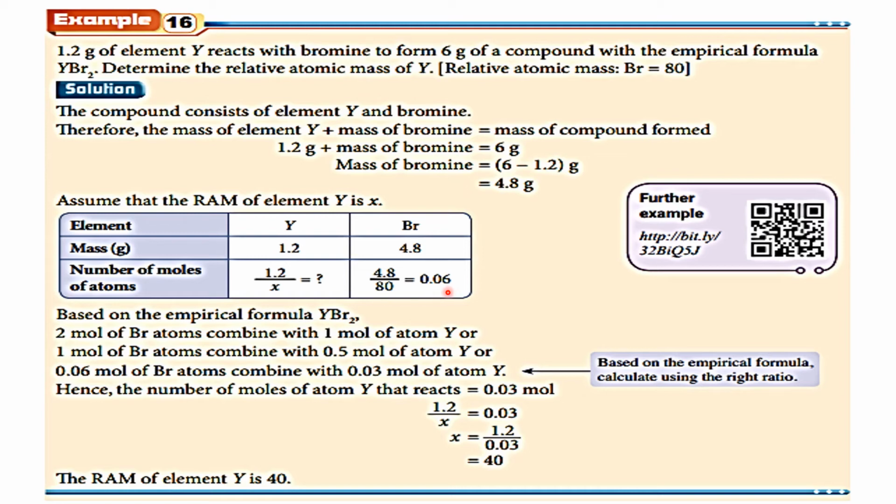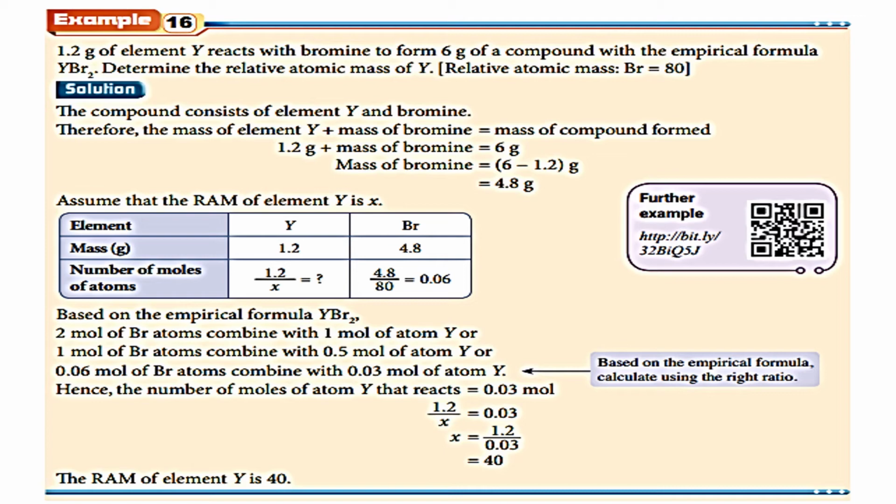So 0.06 mole. But for Y, we don't have the RAM, so we cannot find the molar mass. But what we can do is find the moles by the proportion method. Let me write for you.